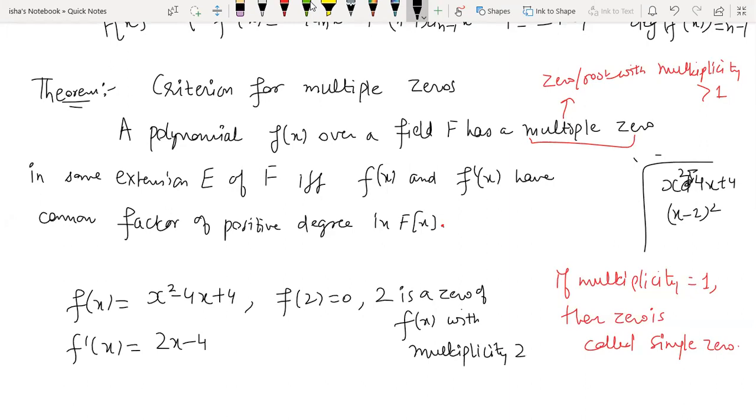We know that result already, right? Because I just showed you this is equal to (x minus 2) whole square. Now what is f dash 2? f dash 2 is also 0. All of you can see. So clearly 2 is also a 0 of f dash.